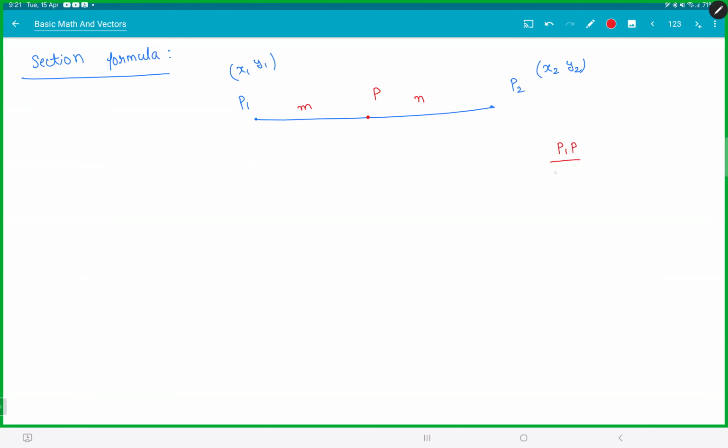So P1P by PP2 will be in the ratio of m by n. Let's say this is your origin. So this vector will be, let's call it R1 bar. This vector will be R2 bar. So I want to find what is OP bar. This is RP bar. Now, you can find the coordinates using the section formula there. So this is how it would look.